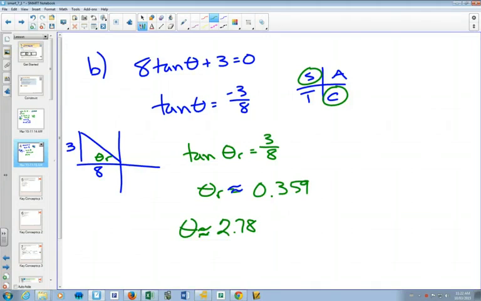And quadrant 4, 5.92. How'd you do? Good? You didn't get those ones?